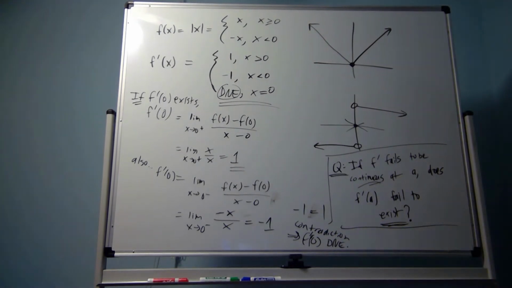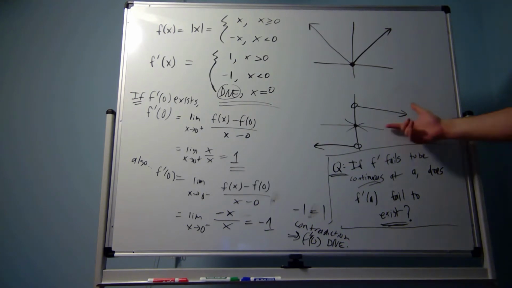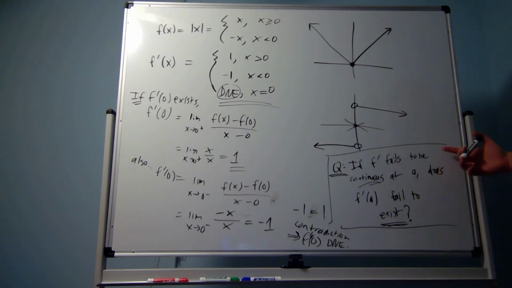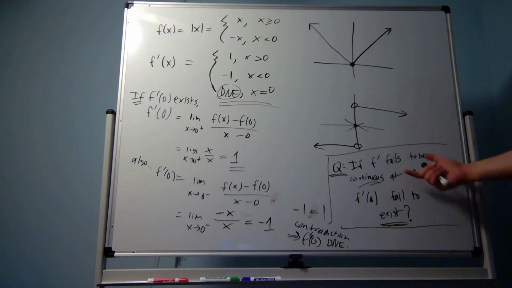In this one particular case, as we approach a equals 0 from the left and from the right, we get two different limits, so the limit fails to exist. So if the limit fails to exist, does the derivative itself fail to exist? That's what we're going to look at next.